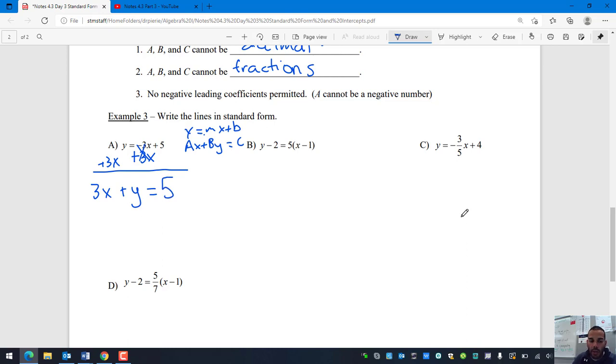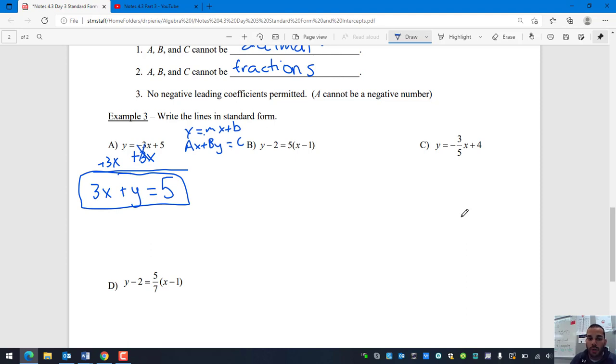Okay, so whenever you have x and y on the same side, go through your checks to make sure, are these numbers legal? Do you see any decimals or fractions? Nope, I'm good. These are all whole numbers, and the last thing I have to check is, is a positive? Is the number that's attached to x positive? Yes, it's positive 3. I'm good. I'm in standard form. This is done.